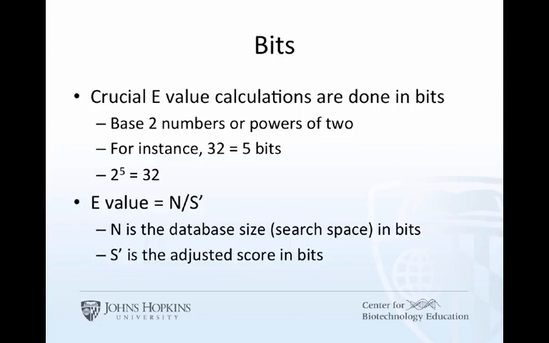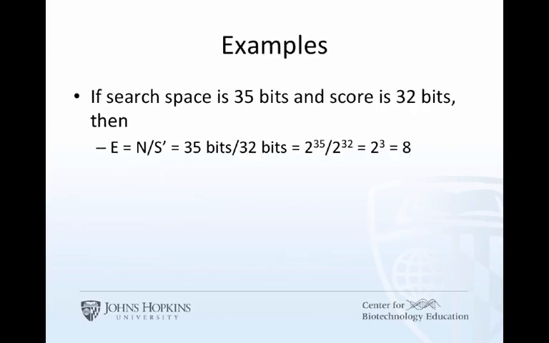The e-value is N over S prime, where N is the search space in bits, and S prime is the adjusted score from BLAST in bits. Why adjusted? That's where the scoring system and gap penalties come into play, and I won't cover those equations here.